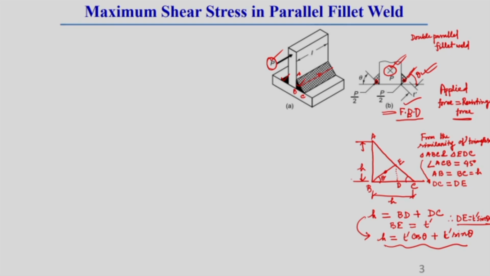Now, we will find out, due to this force P by 2 in this one weld, because in this one weld there is a force P by 2 acting, which I have already shown in figure B, you can see.